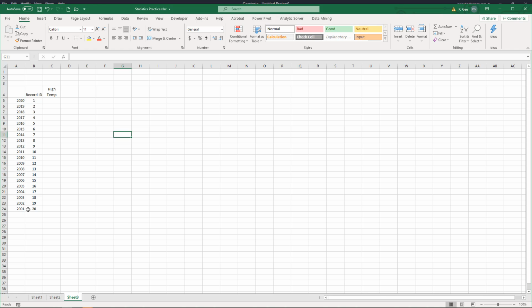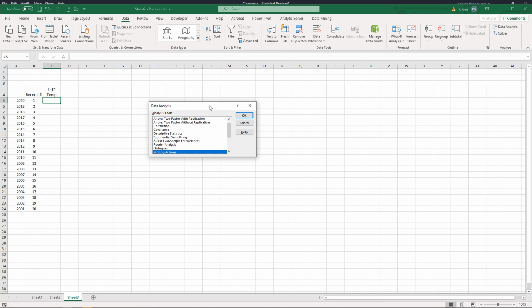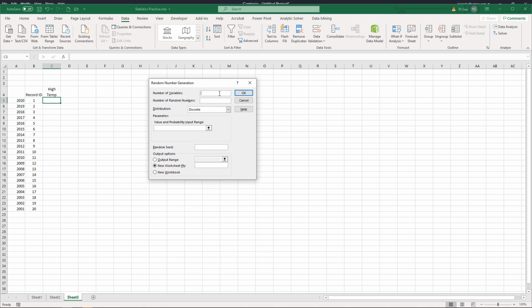So every year from 2001 to 2020, we're going to go to the data analysis add-in and run a random number generator. We want one variable, and the number of points we want is 20.